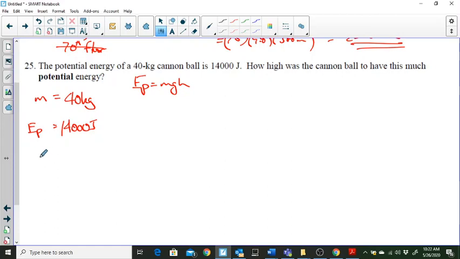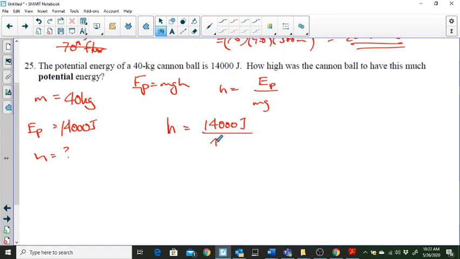What are they asking for? The height. But hold on, height is way over there. How do we do this? That's where I've given you the different formulas. We can do the algebra, and height is just going to be equal to our potential energy divided by mg. You can have this written out on a cheat sheet. That's not a problem. So let's substitute in our values. Height is equal to our potential energy, 14,000 joules.